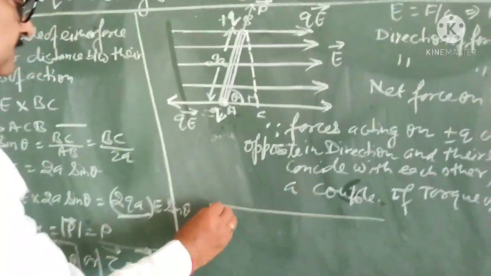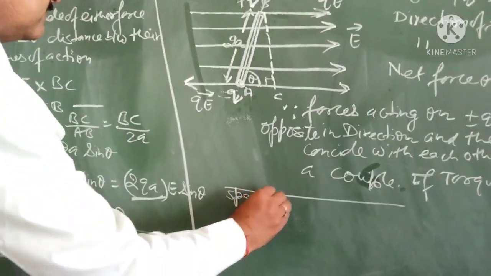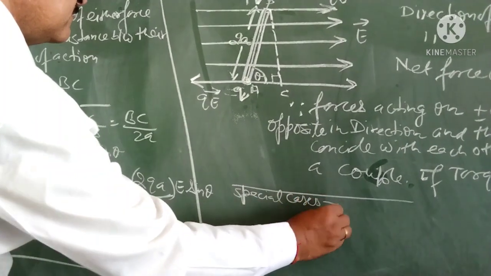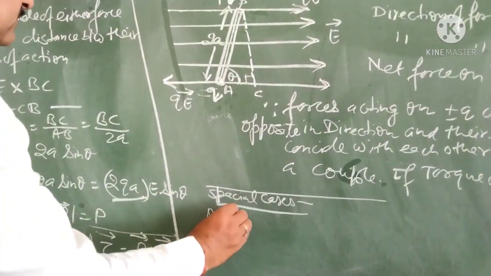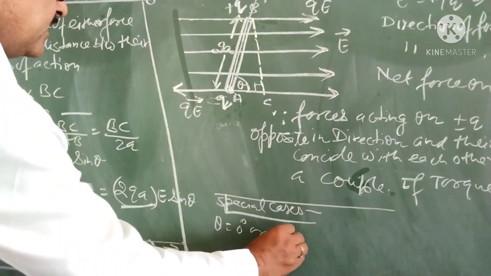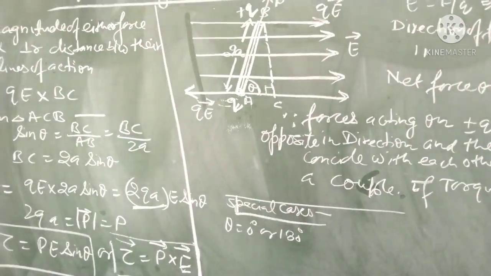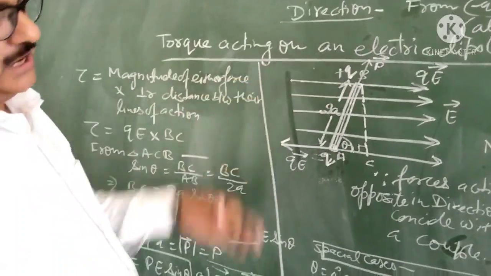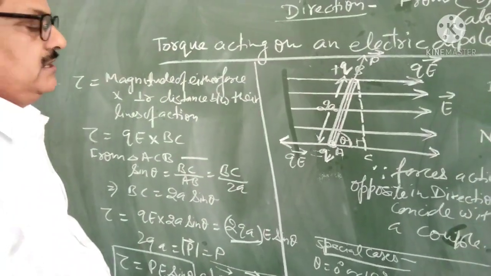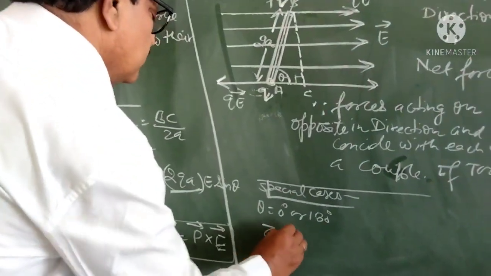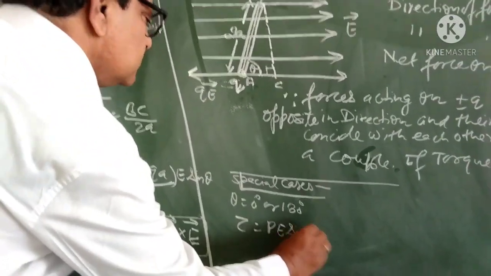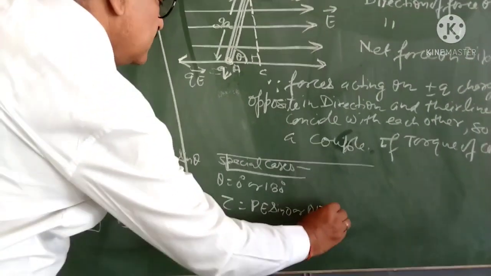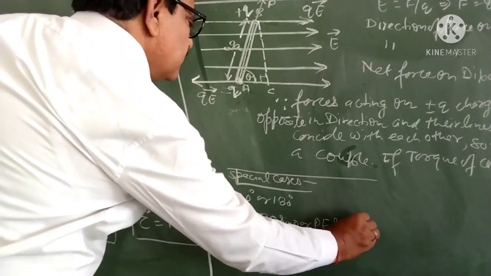Now we have to discuss some special cases. If dipole is placed either parallel or anti-parallel to the electric field, that is theta is either 0 or 180, in that condition, tau is PE sin 0 or PE sin 180.